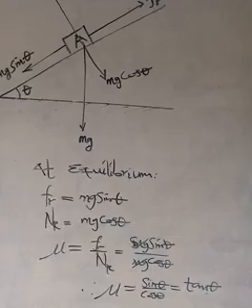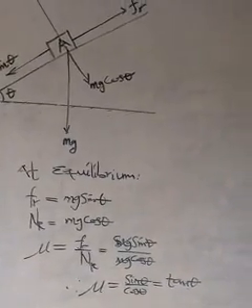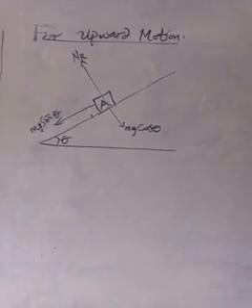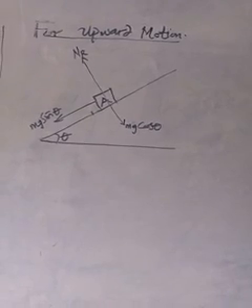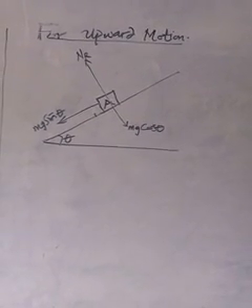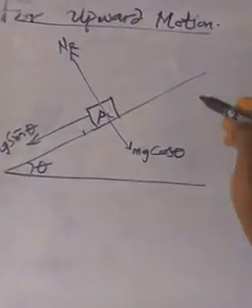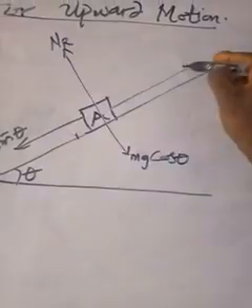Now I want to look at when this body is moving up the plane, or when the applied force tends to move the body up the plane. Then the applied force is going to be here.